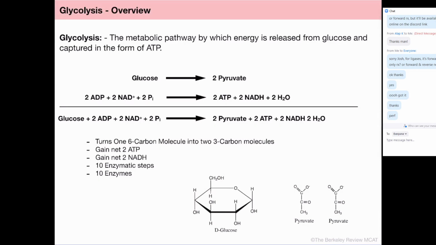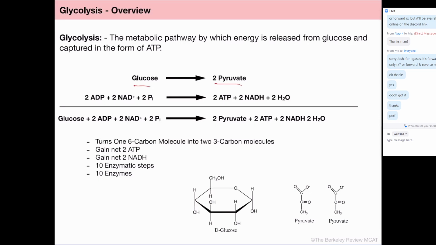Now, glycolysis does not require oxygen, which we're going to touch on later when we talk about fermentation versus oxidative phosphorylation. But the overall reaction is you take one glucose and you turn it into two pyruvates.